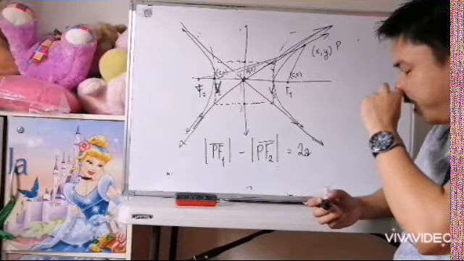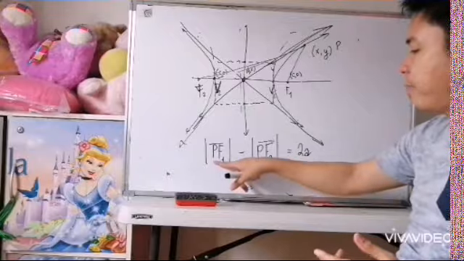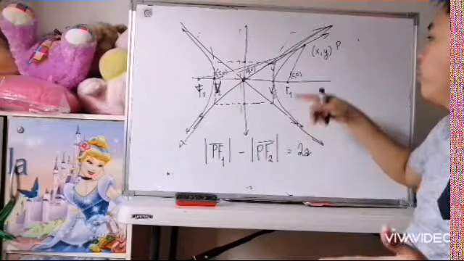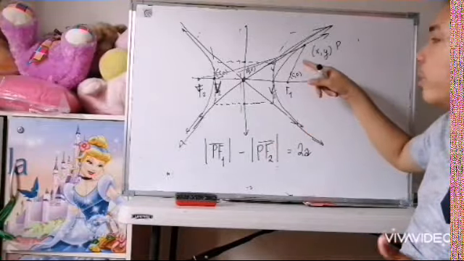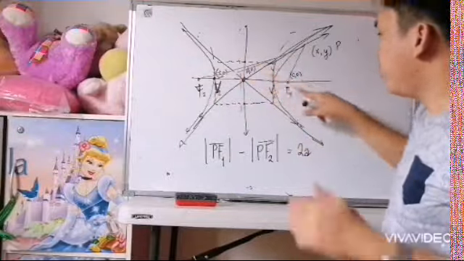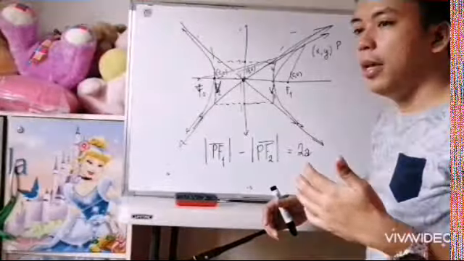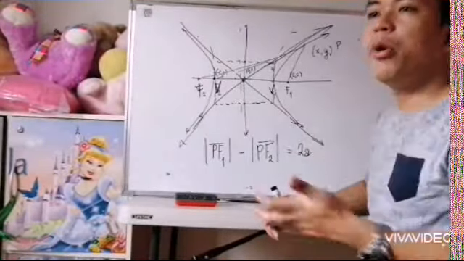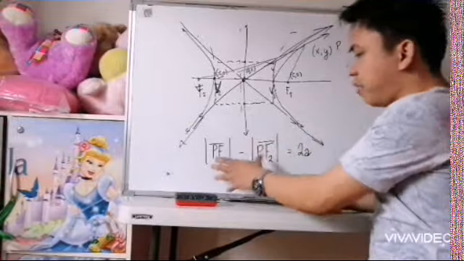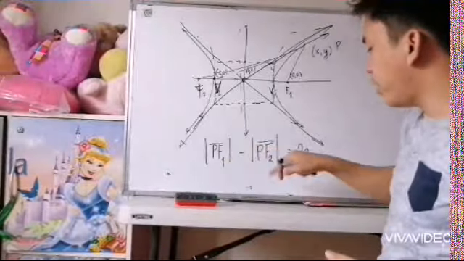So let's assume, for example, that the line segment connecting the point P to F1 is quite larger compared to F2, although this is actually shorter in my illustration. So let's assume the point is taken here. So the larger line segment is actually from the point to F1 compared to the point to F2. So I don't have to take the absolute value anymore because it's actually positive already. Assuming this is actually quite larger compared to this.